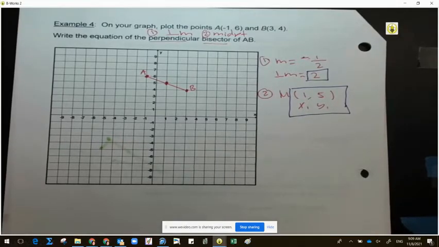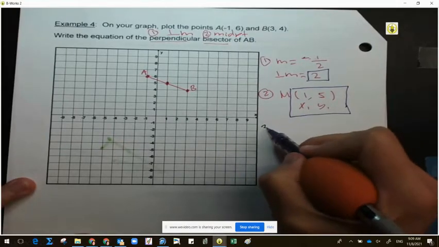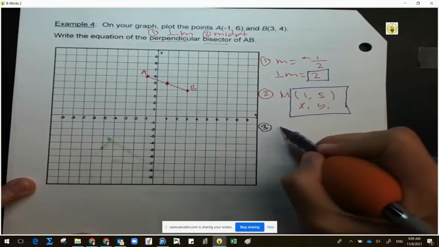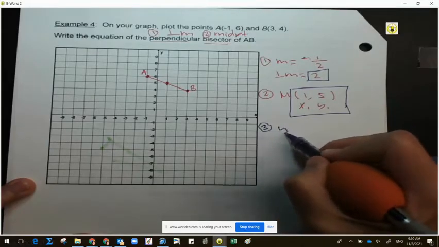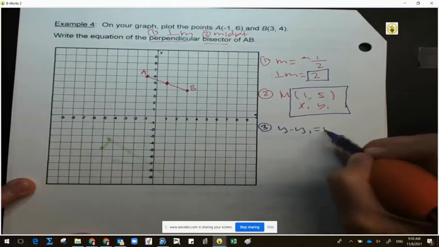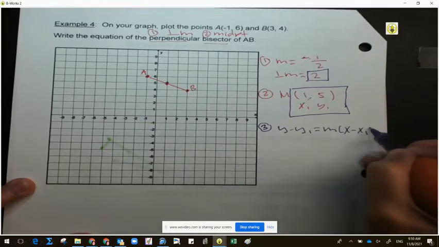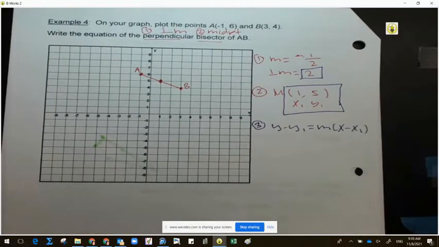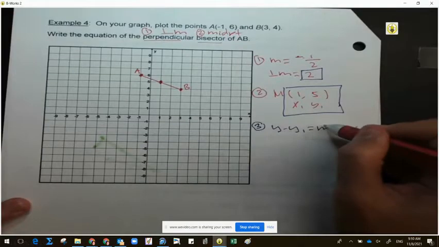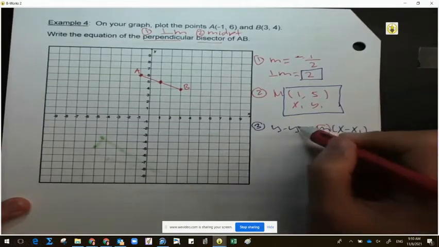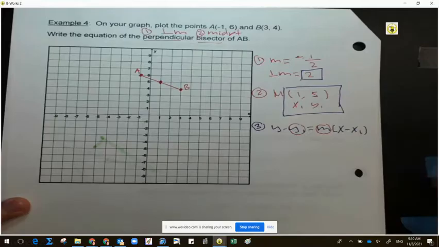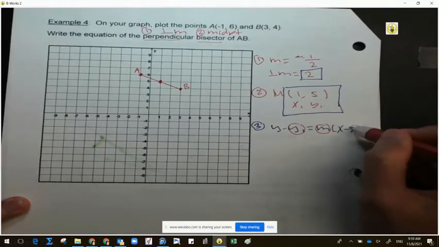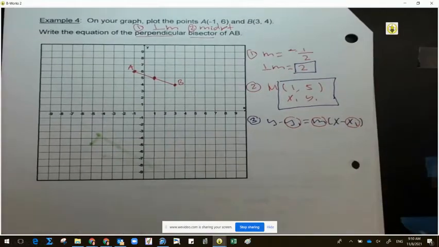Given a point and slope, what was the formula that you used in Algebra 2? Hence the name, right? So y minus y1 is equal to m times x minus x1. We are plugging in the 3 components that we found. We know our m. We know our y1. What else do I know? x1. Let's plug them in.